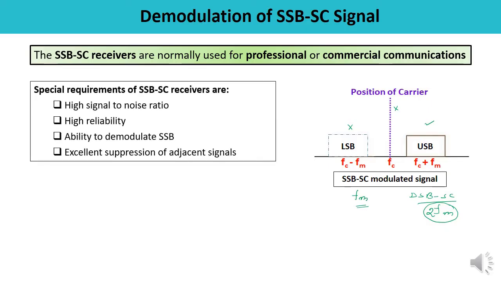And there are some special requirements for the SSB-SC receivers. High signal to noise ratio must be there, reliability must be very high, ability to demodulate single sideband, and at the same time excellent suppression of adjacent signals. So these are the requirements of the SSB-SC receivers which are commonly used for commercial communications.